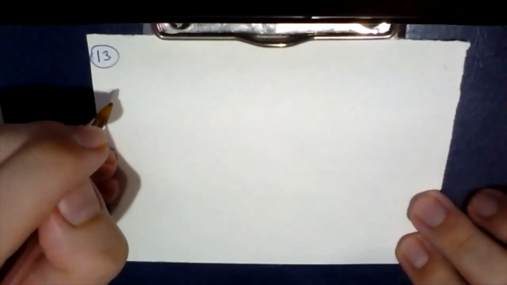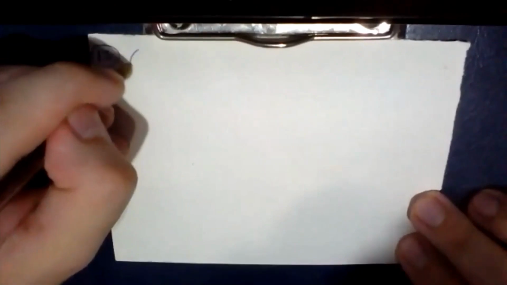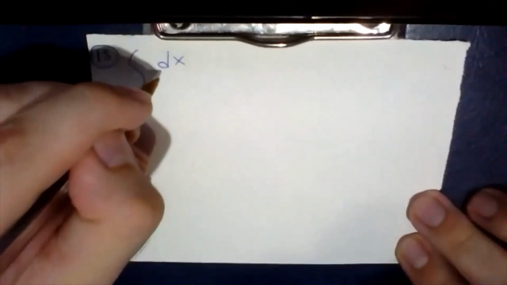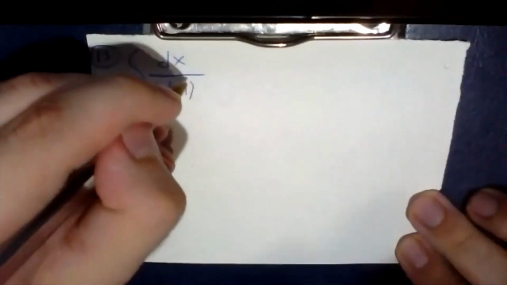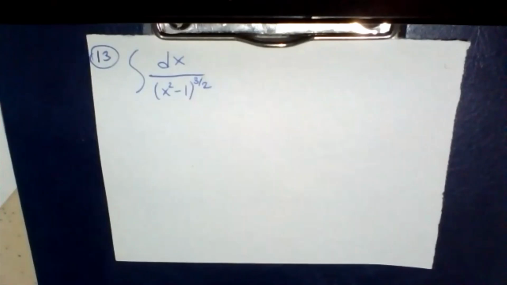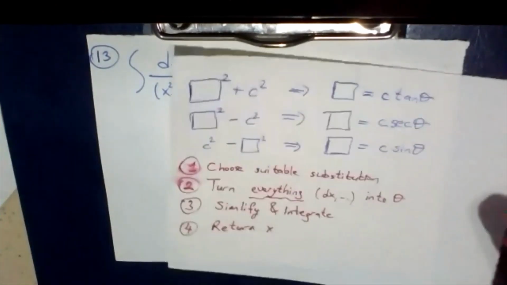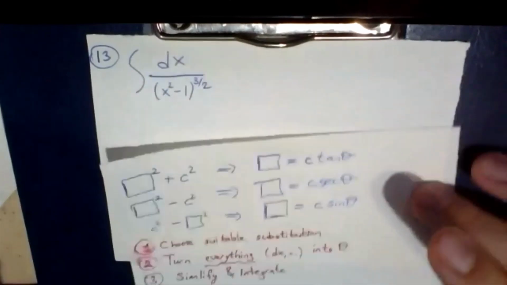Now, question 13. In question 13, we have the integral of dx over (x squared minus 1) to the power of 3 over 2. Which substitution should be used here?